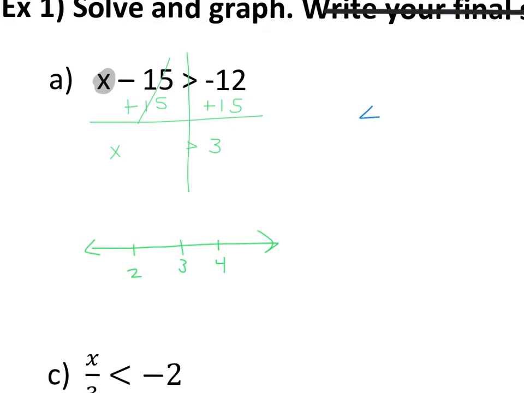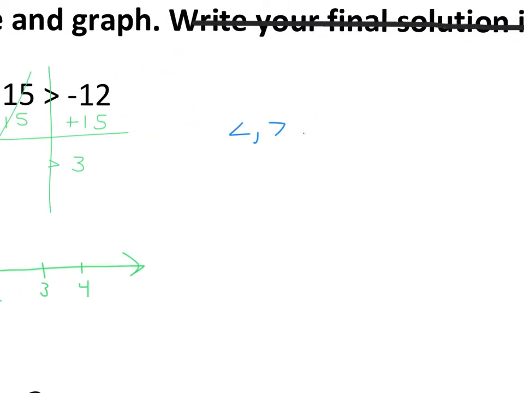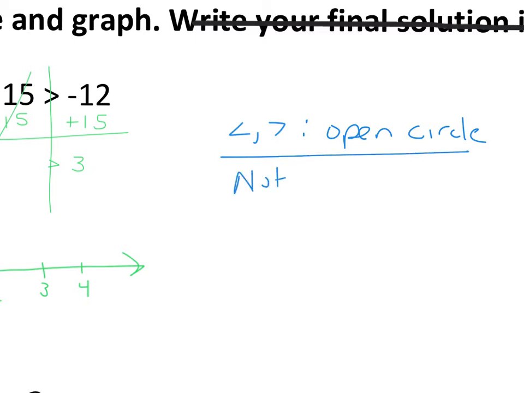If you have less than or greater than, keep in mind that this is what we call an open circle. And what this means is not part of the solution.